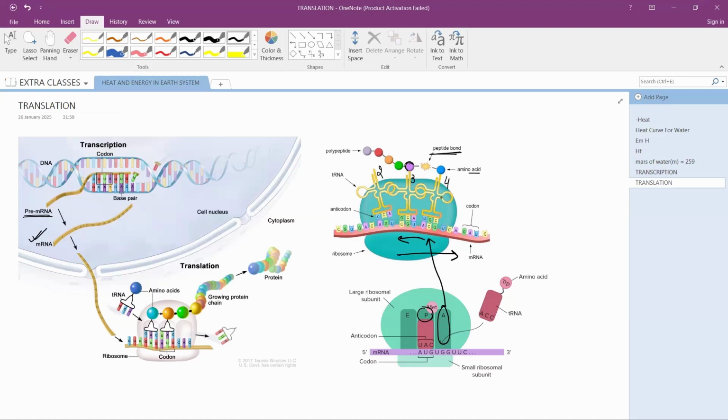This process will carry on till they detect a certain sequence.